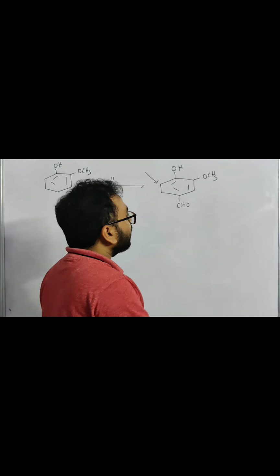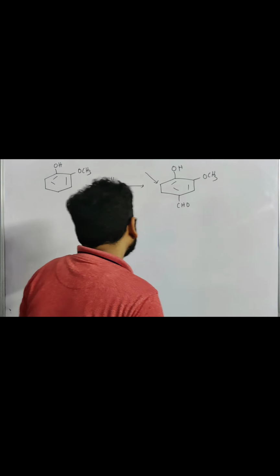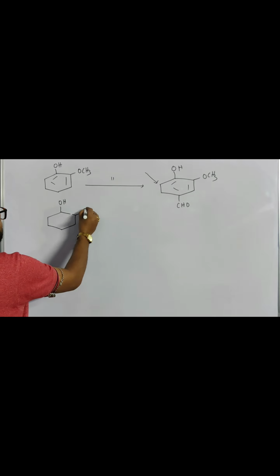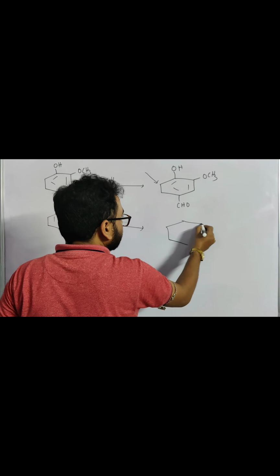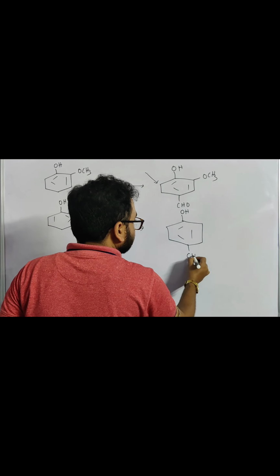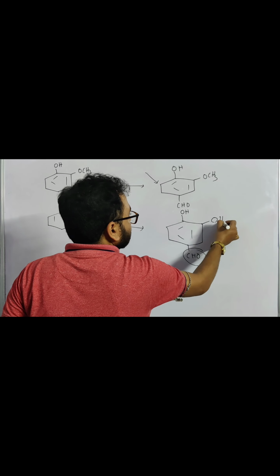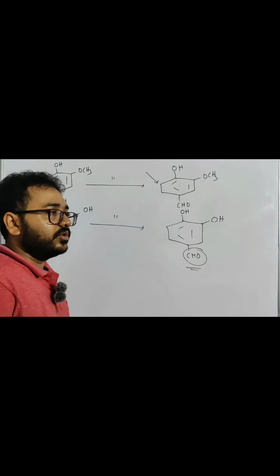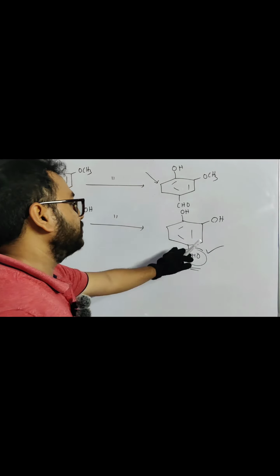To avoid the steric crowding, the CHO group will be at the para position. Now what if it reacts with catechol? This is the structure of catechol. The CHO group will be at this position, not at this position, for a similar reason.